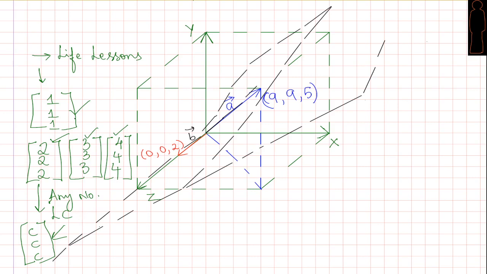Now let's assume that yes, we have a lot of good qualities, we do good activities, etc. But once in a while, we may tend to slightly deviate. Let's assume that 1, 2, 3 is one small example of some different activity. If you pick a vector which is good, like 1, 1, 1, and take the linear combination with 1, 2, 3, you are going to see that the direction will get deviated.